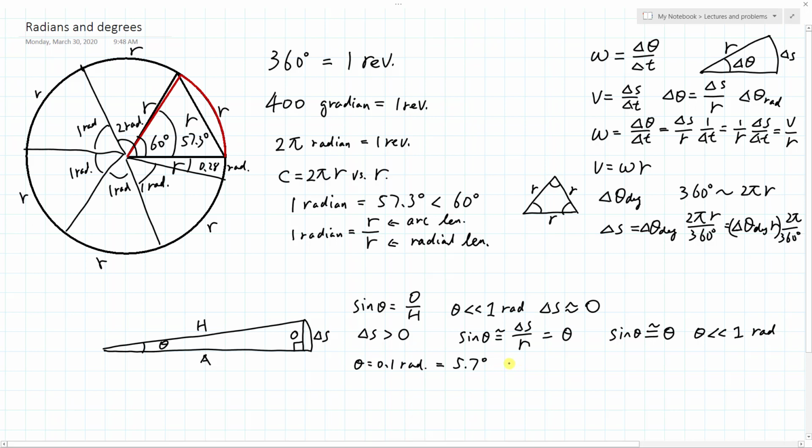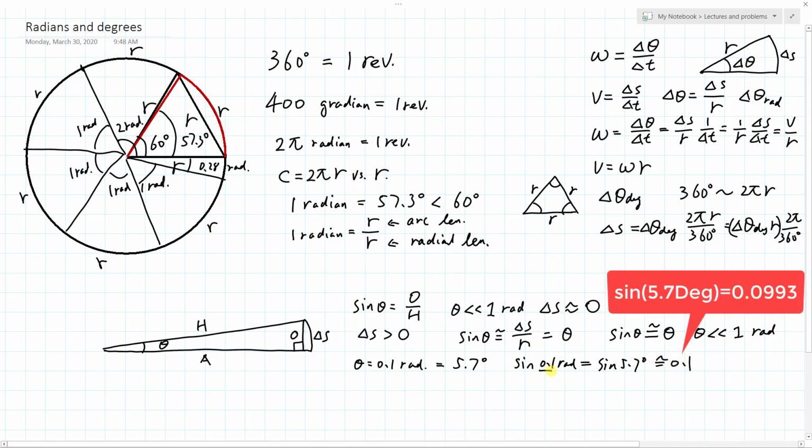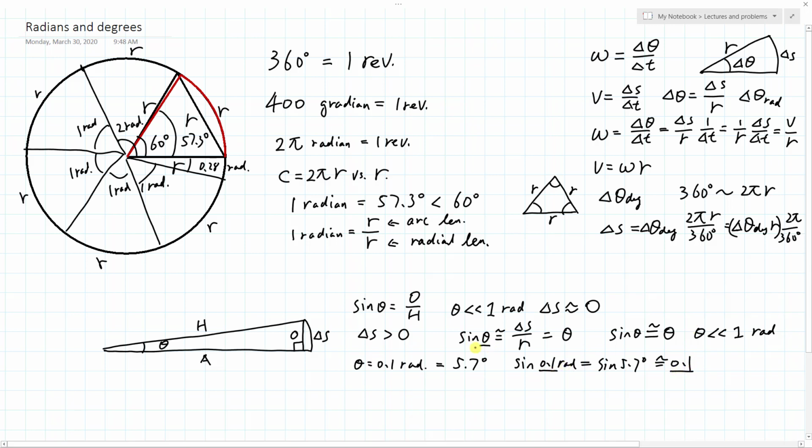Now what is sine of 0.1 radian, or sine of 5.7 degrees? That is approximately just 0.1, because this is the angle in radians. Take the sine function of an angle in radians and it's just the same as not taking the sine function. So this makes it easy to approximate.